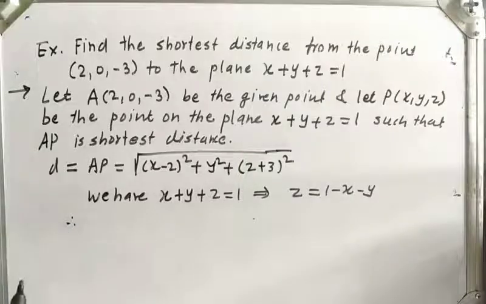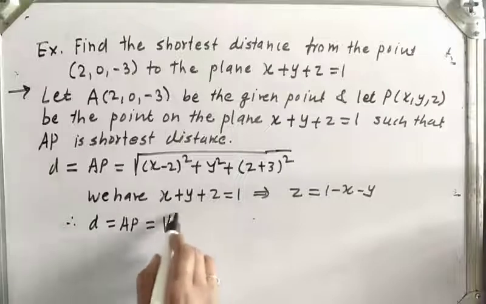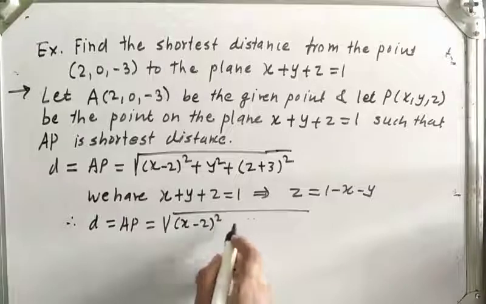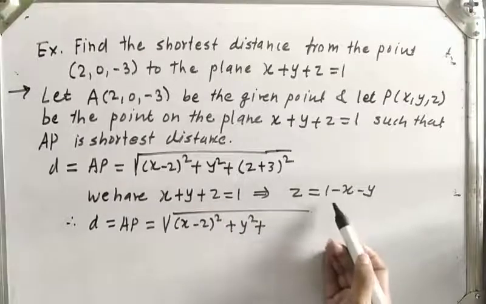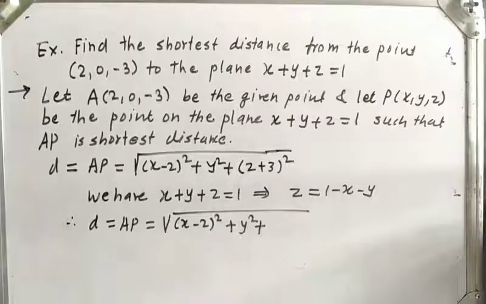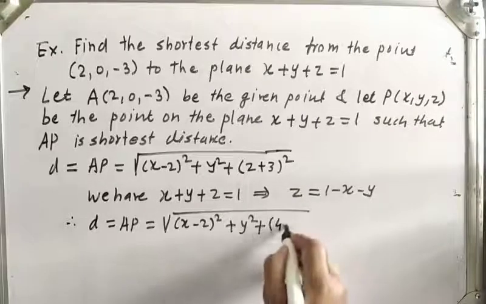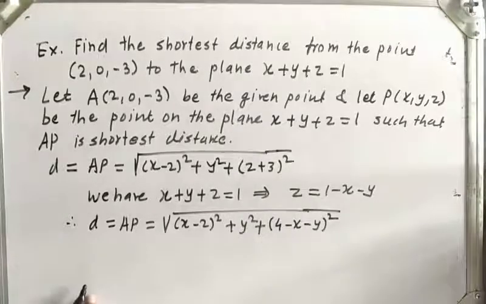Therefore D, that is AP, can be written as the square root of (x minus 2) whole square plus y square plus (z plus 3), and z plus 3 will be 4 minus x minus y, whole square. This is our D.